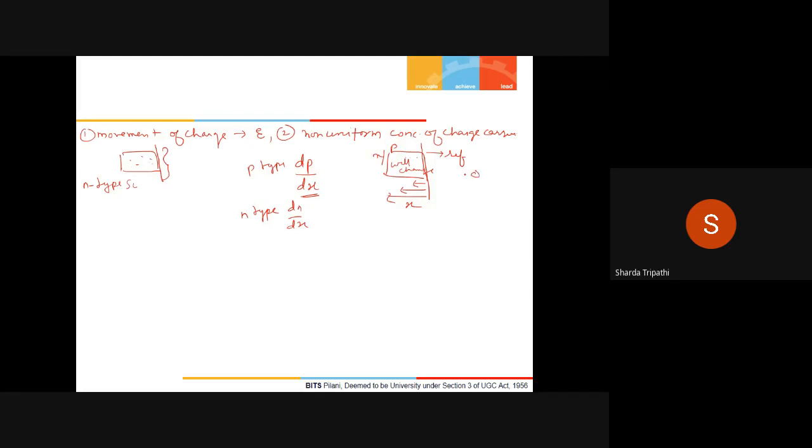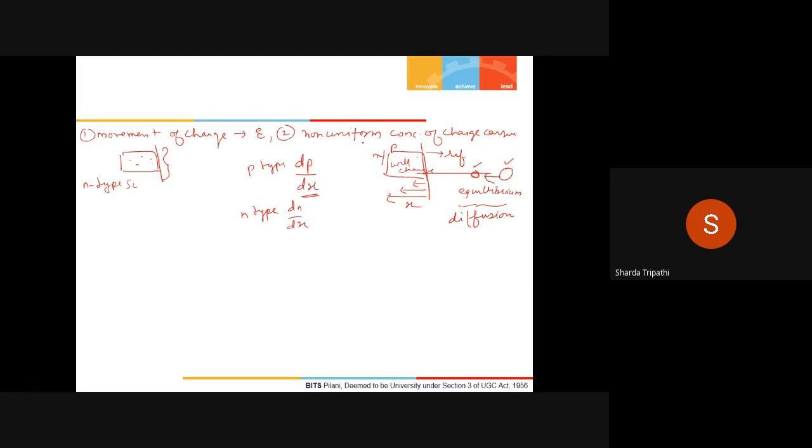And if the concentration is different at different places, say here the concentration is small and here the concentration is large, then automatically by the tendency of the material, the charge carriers are going to move from the region of high concentration to the region of low concentration in order to attain equilibrium. So this process wherein the charge carriers move from the region of high concentration to the region of low concentration in order to attain equilibrium is known as the process of diffusion.